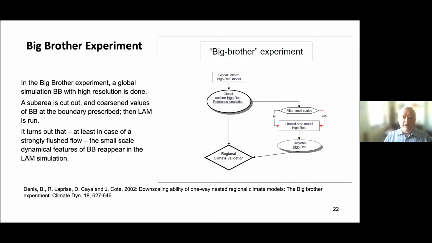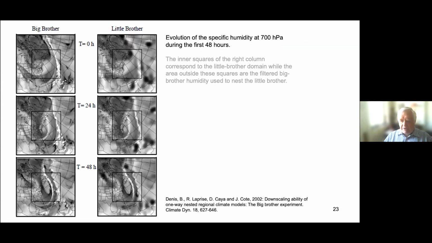Then the limited area model is run. So we have a complete description of what is going on, then we cut something out, and use the Big Brother values. And it turns out, at least in case of strongly flushed flow, that the small-scale dynamical features of Big Brother reappear in the limited area model simulations, even though the Big Brother was prescribed at the boundaries.